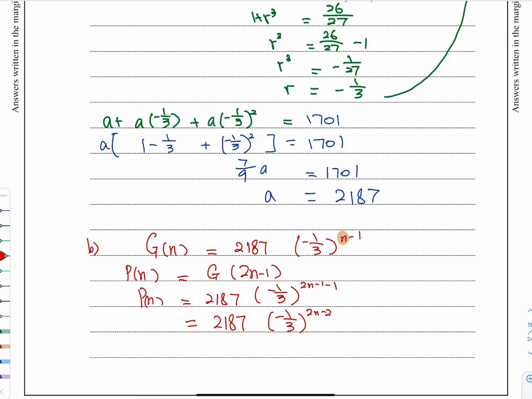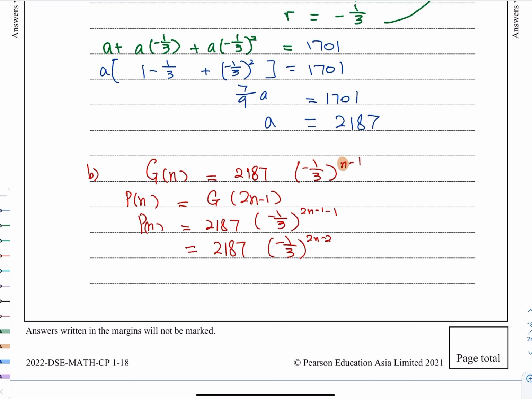And then what else can we do with this one? This looks too complicated, right? There's so many numbers. This 2187 can be replaced by something else. Why do I want to replace it? Because 2 is common here. What can I do with this part? And what can I do with this part? In the end, we want to make all the bases the same.